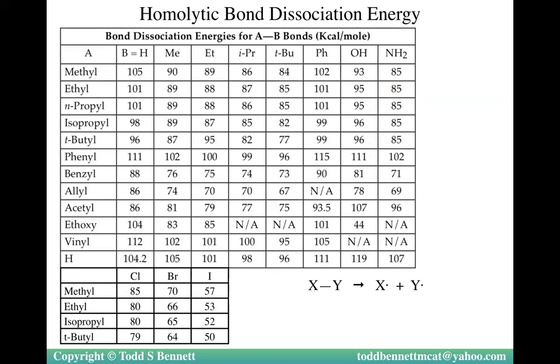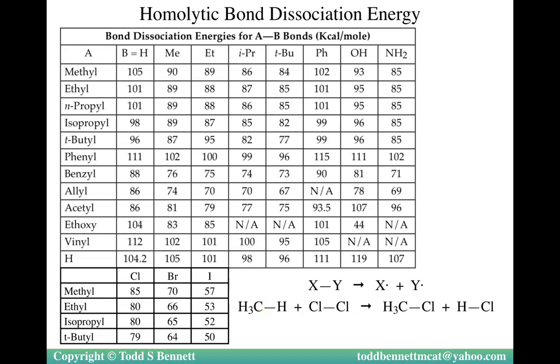Okay, so the extra little area down here, this little box that kicked in, is just how stable alkyl chlorides are. So a really common reaction is something called halogenation, or in this case, chlorination. So I'm starting with a very simple molecule, methane. So methyl group bonded to an H, so methyl and H intersect, so that's a 105.